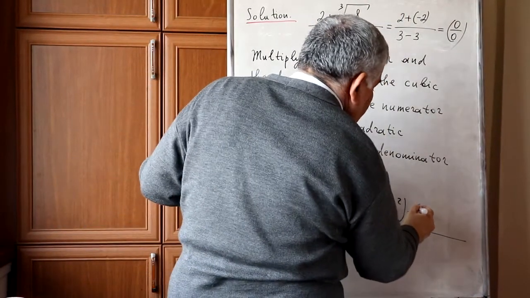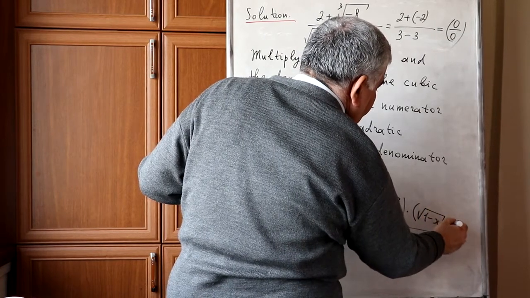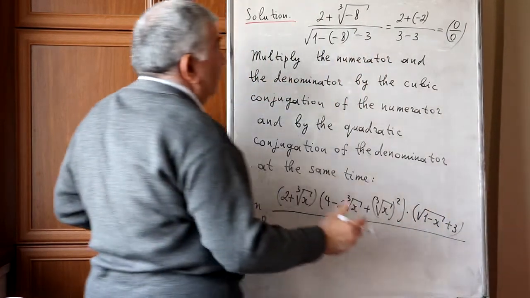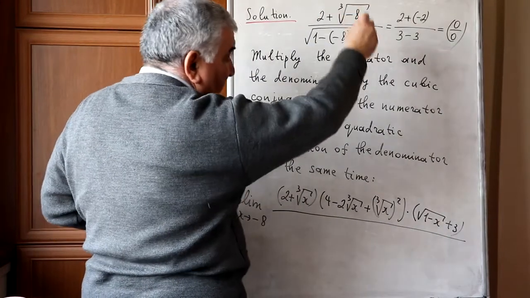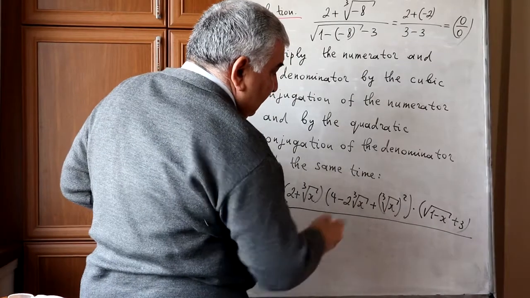It is square root of 1 minus x plus 3. Also multiply the denominator by these expressions.